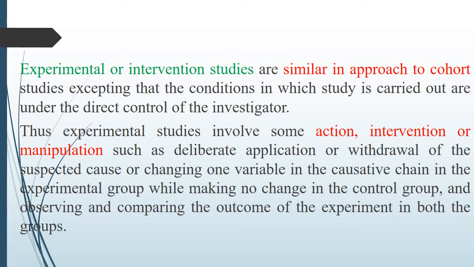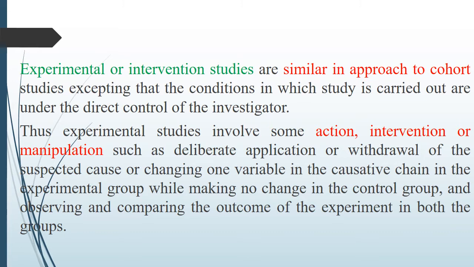For example, take pregnant women. If you are taking 50 pregnant mothers, 25 persons are in one group and another 25 persons are in another group. In one group of 25 you are giving drumstick leaves for improving the iron, but in the other group you are not giving anything, simply leaving those pregnant women.